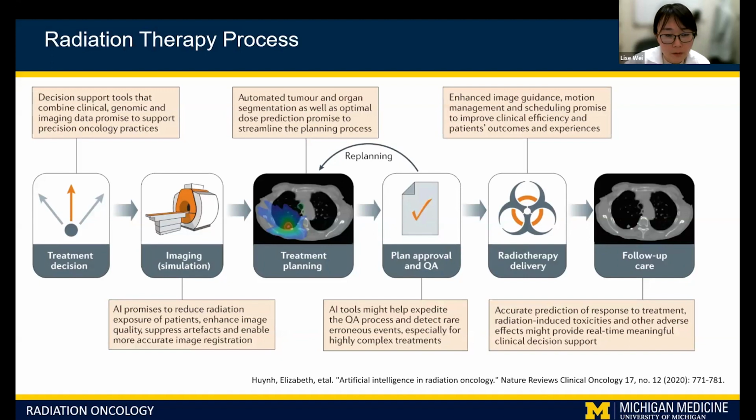After all of this is ready, we do the radiotherapy delivery, where the patient lies on the couch, as I showed with the linear accelerator. After the treatment, there's always follow-up depending on the type of disease and the physician. Sometimes it's every 3 months, sometimes it's 1 year, so that we will know how the tumor control and normal tissue complications are.